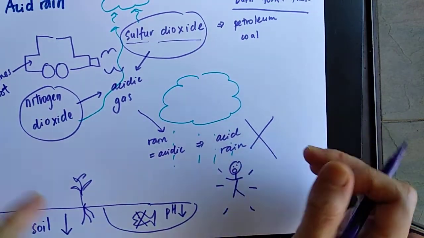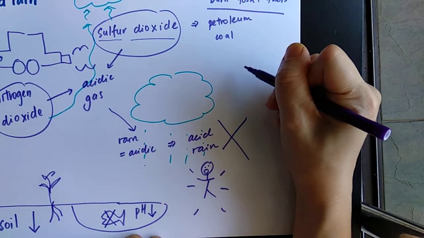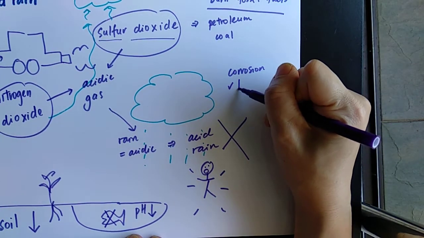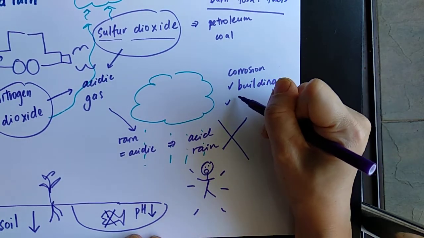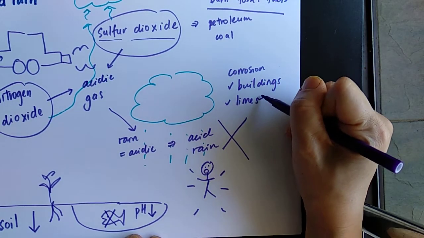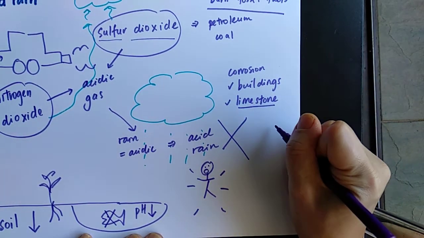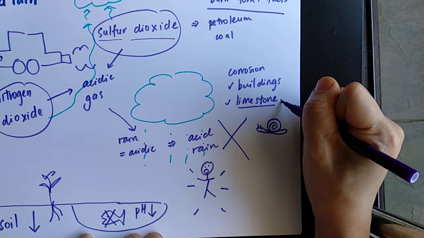Other thing that happens is that this slightly acidic acid rain can cause corrosion, not only to buildings, but anything that contains limestone. Now, a lot of shells of the animals like snails, clams, all are made from limestone.